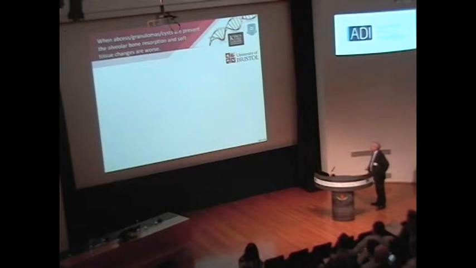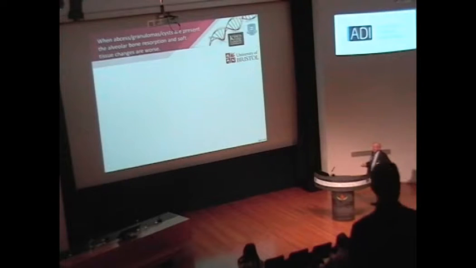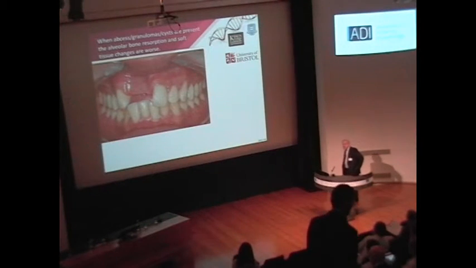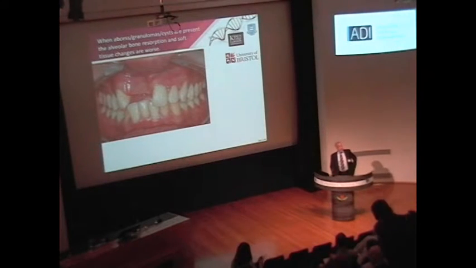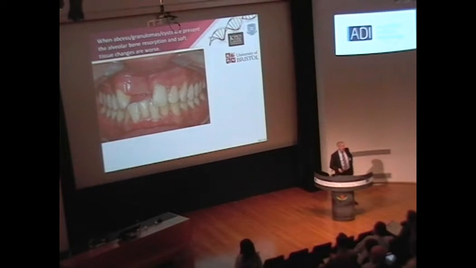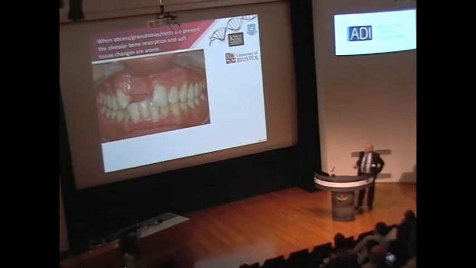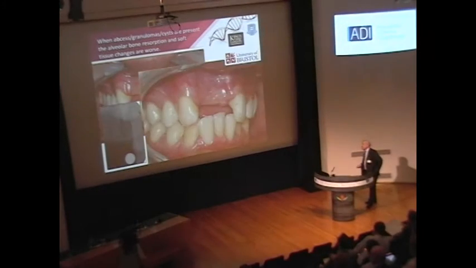Well, yes and no. What you got are confounding factors, and the confounding factors was that if you had abscesses, and the bigger the abscess, you had massive bone loss. And if you had a site like this, which had abscesses on it, and you put in your implants, your buccal wall is going to end up looking like that regardless of what else you do.